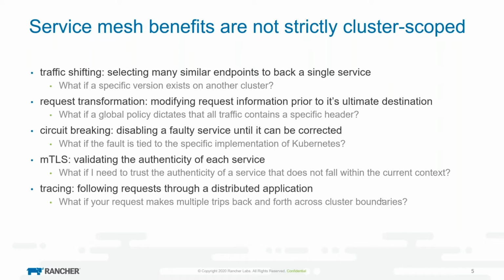And then tracing: if you go from the monolith pre-service mesh to what we have now with microservices, distributed tracing is one of the key features that allows you to debug and find out where things are failing, where things are taking a lot of latency, and generally what's happening once traffic hits the cluster boundary. It's pretty paramount that we keep that going across multiple clusters if we have traffic going across multiple clusters.